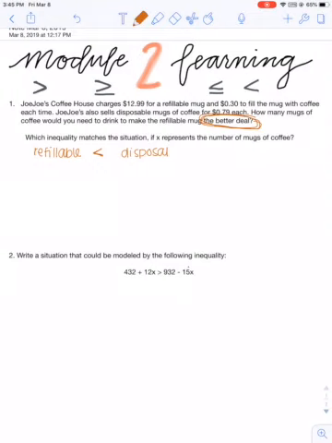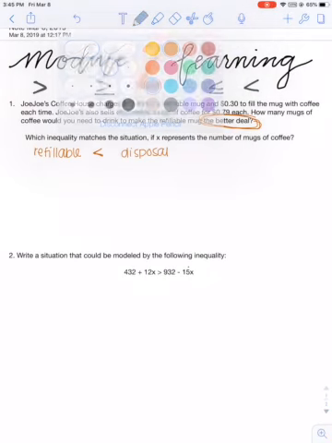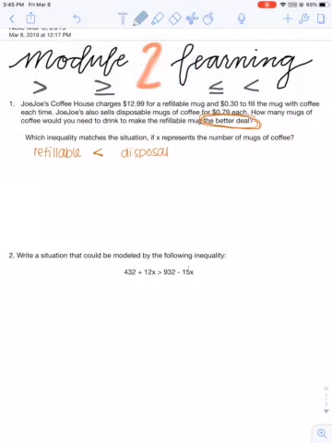So for refillable mug, I'm going to fill that in this blue color. And I'm going to just put boxes around key pieces. So they charge $12.99 just for the mug and 30 cents to fill the mug up each time. But you only have to buy the mug once. So that is a one-time fee. So that's going to be $12.99.